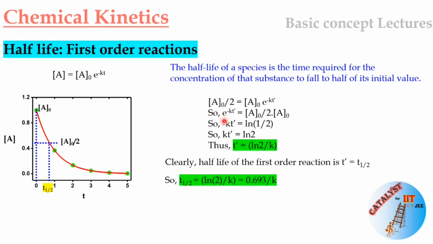You take ln on both sides again, so you get minus k t prime equal to ln half, and you take this negative sign to this side, and you get k t prime equal to ln 2, and thus t prime equal to ln 2 by k. So this t prime is nothing but the time required for the concentration of the substance A to fall to half of its initial value, which was A naught, and the half value is A naught by 2.